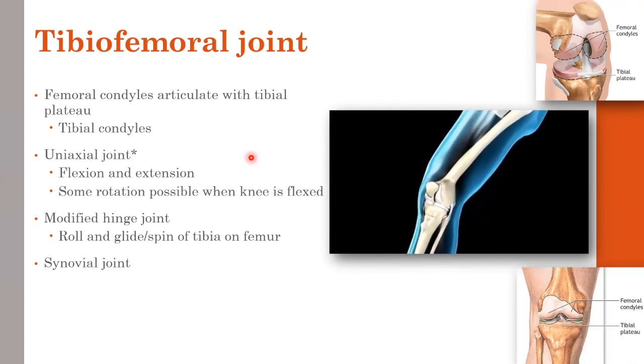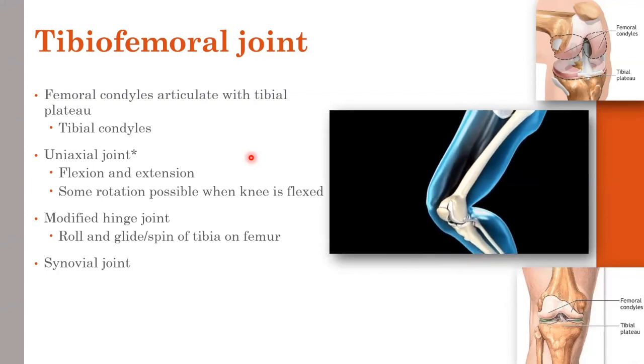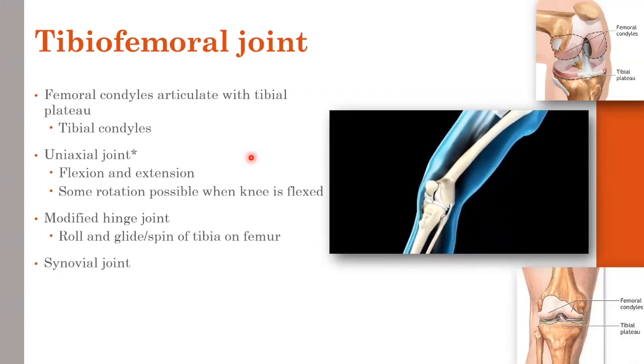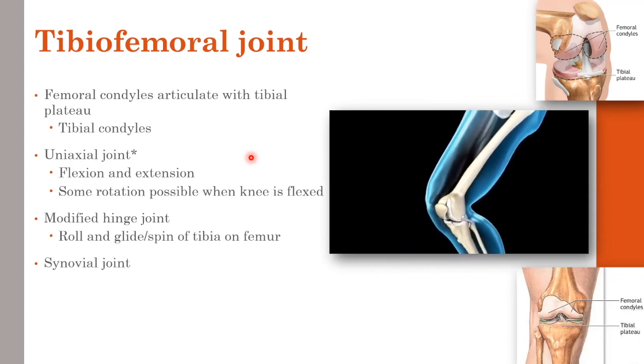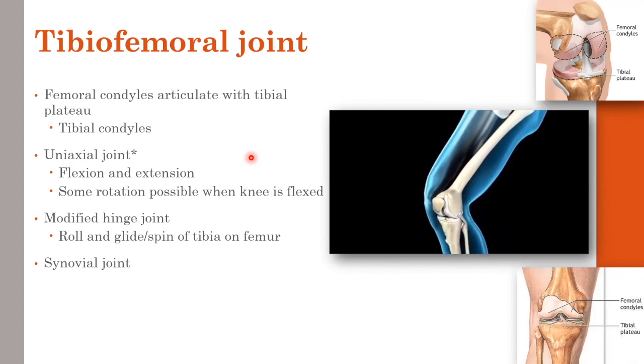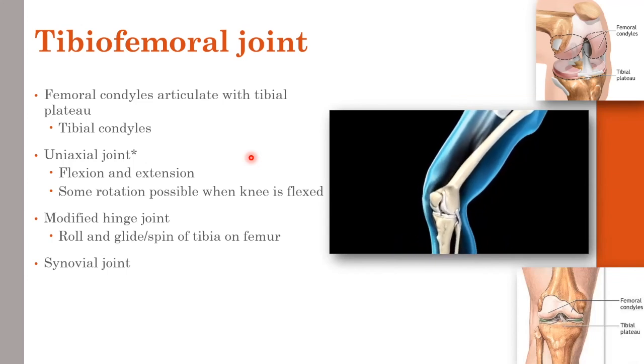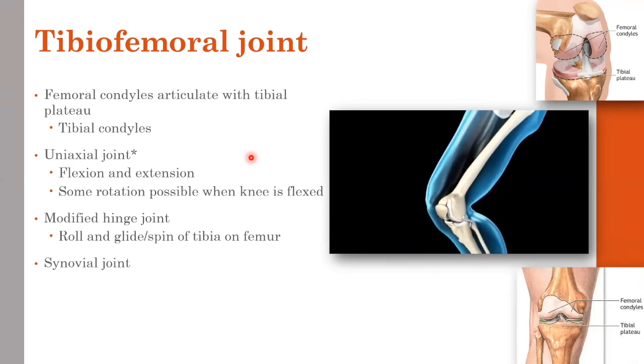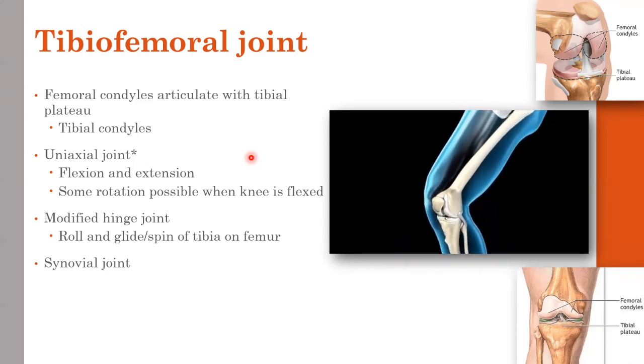For example, you'll see in the lower leg lecture that we are able to evert and invert our foot. If this is done while the knee is flexed at a joint angle of greater than 30 degrees, you may be able to see the knee joint also engage in some minor internal and external rotation actions.